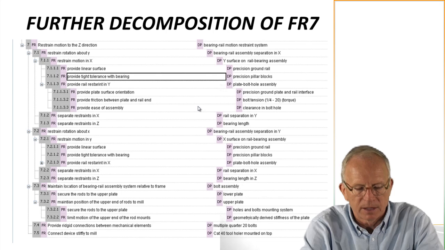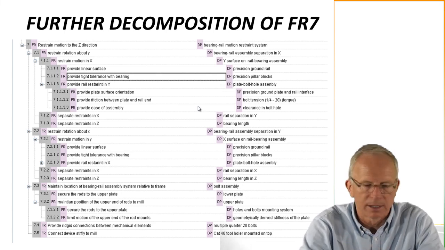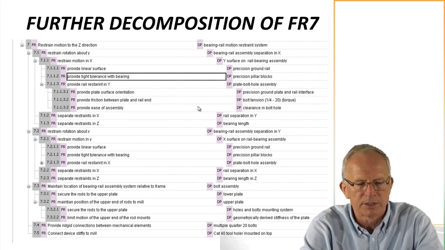And then connect the rail stiffly to the mill. And I can let you go down and see how those are all decomposed. This is a typical sort of motion theme in Cartesian coordinates, and some of these actually could be worded better.